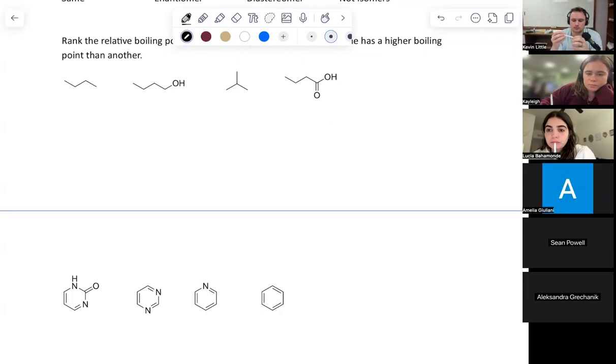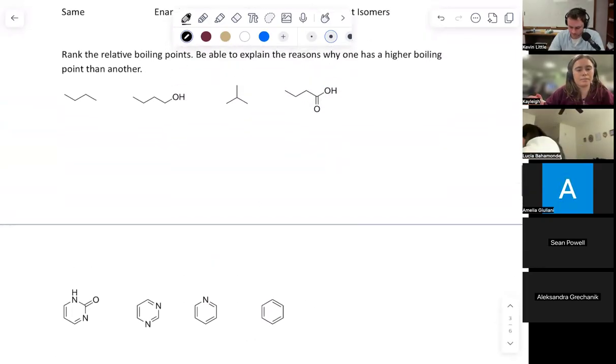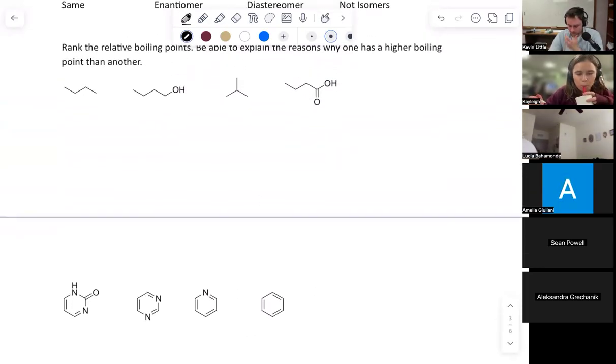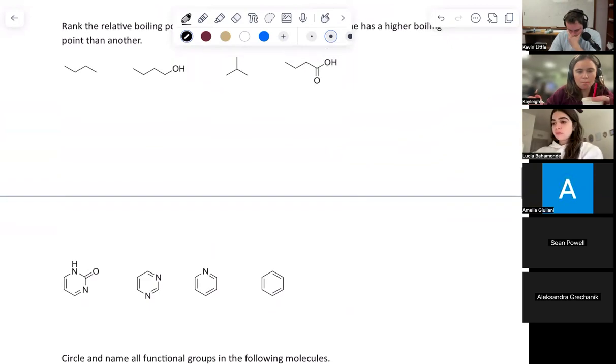How would I know specifically that a benzene ring, for example, has less or more of a boiling point than the one directly next to it in the example?